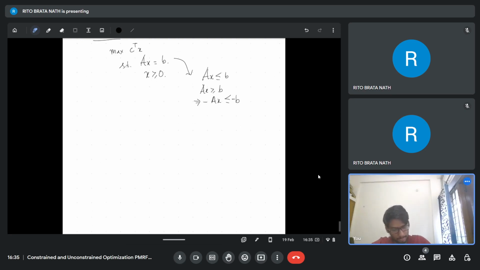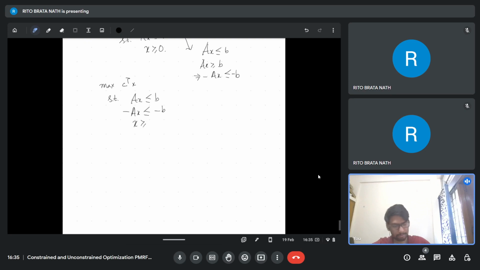So now your primal problem looks like this. You have one set of constraints AX less than or equal to B, another set of constraints minus AX less than or equal to minus B, and X greater than or equal to 0. Now when you convert it, it will be min. Suppose Y1 and Y2 are the dual variables.